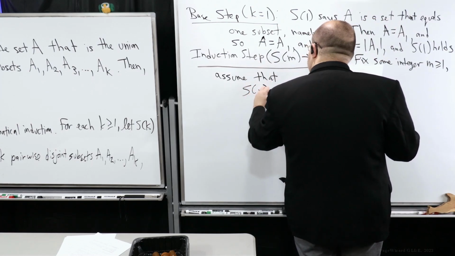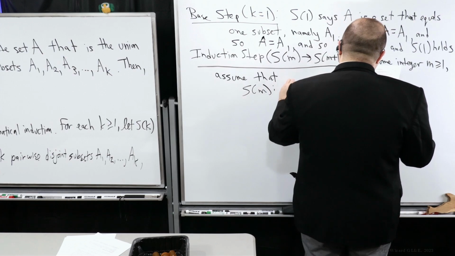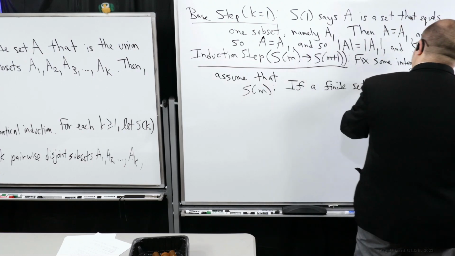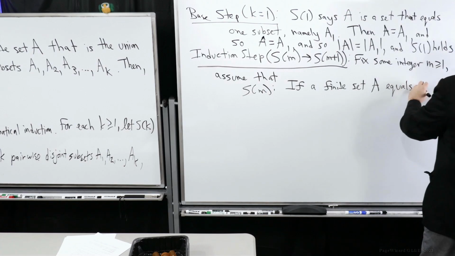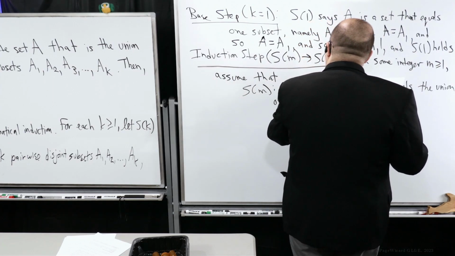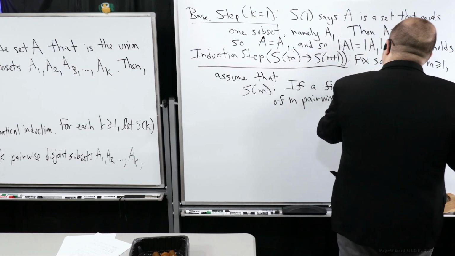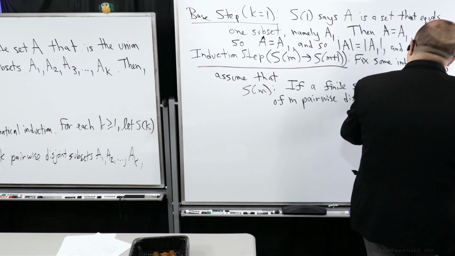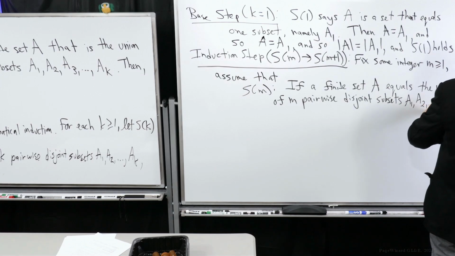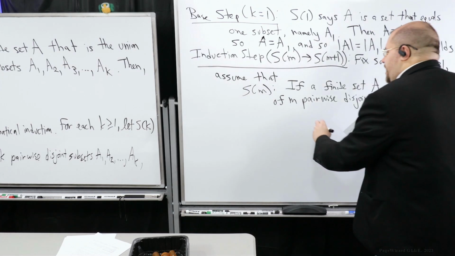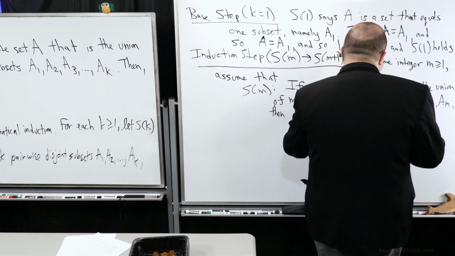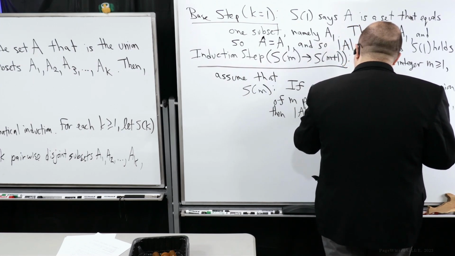that S of m says: if a finite set A equals the union of m pairwise disjoint subsets A1, A2, all the way up to Am, then the cardinality of A is equal to the sum from i equals 1 to m of the cardinality of Ai.